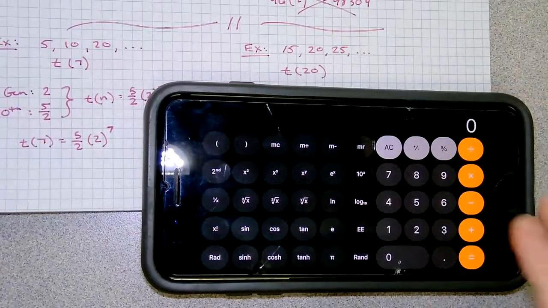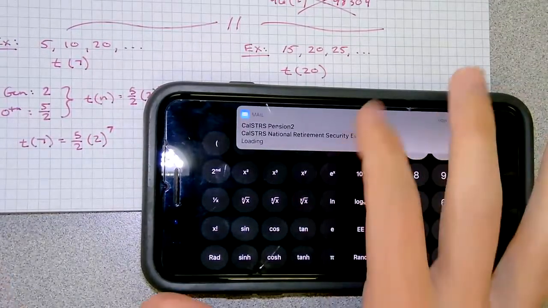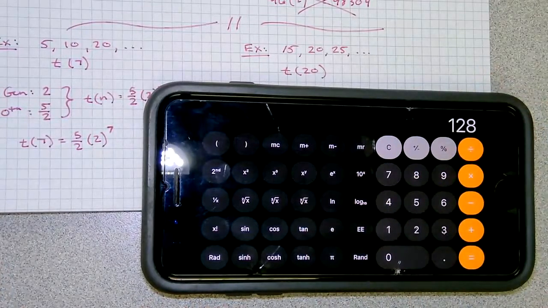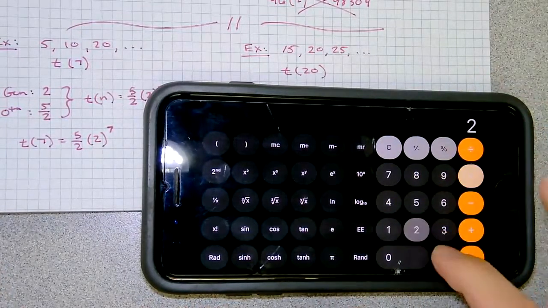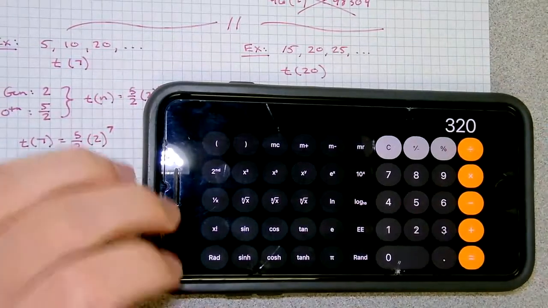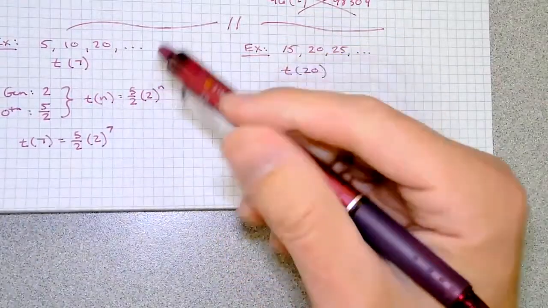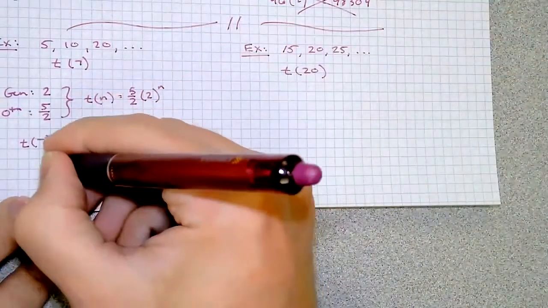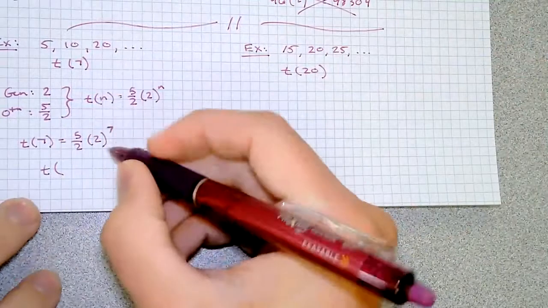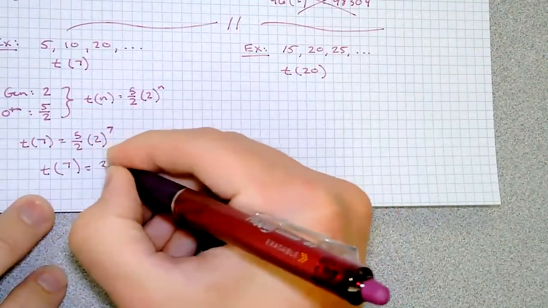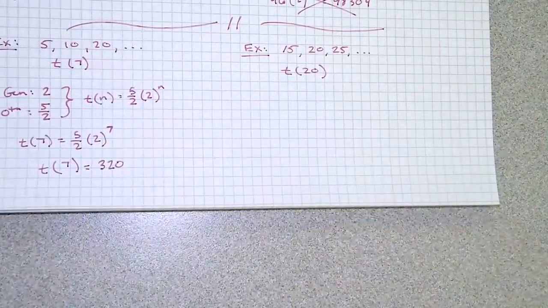What I'm trying to get at is you want to make sure you raise it to the 7th power first and then multiply it by 5/2 or 2.5 to get the right answer. A couple of people did 5/2 times 2 first. Order of operations, remember exponents come first. But t of 7 should be equal to 320.